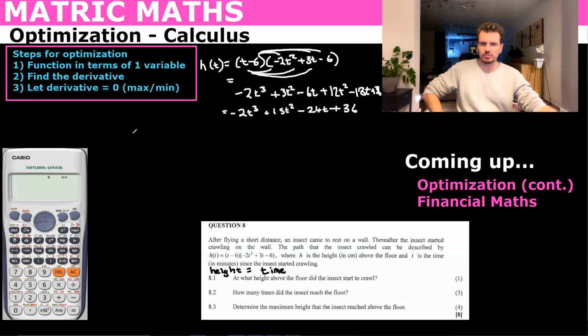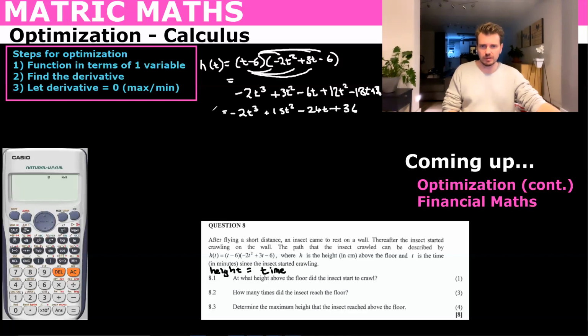And when we want to look at the turning points of a cubic function, we find the derivative. We could do that now, but I'm going to do that in the final one because 8.3 asks us to determine the maximum height. Maximum is when we find the derivative and make that equal to 0. I'd just like to look at this cubic function quickly, because this cubic function has roots.